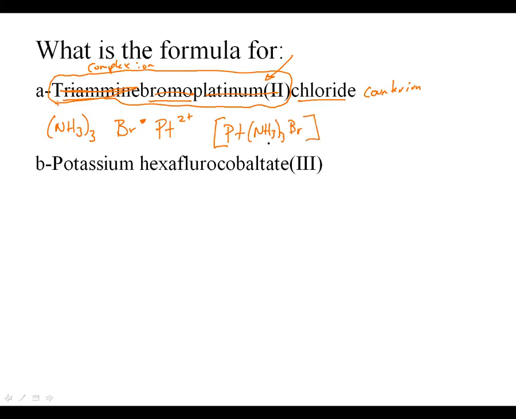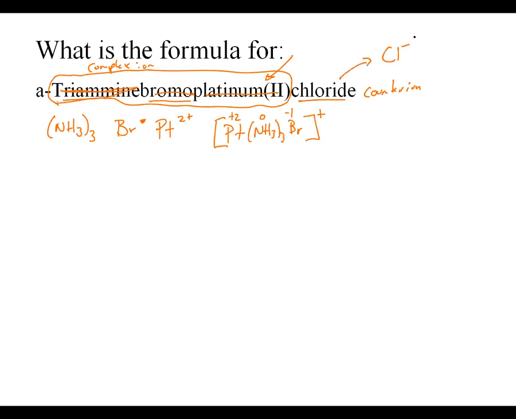Now, putting it together and thinking about all the charges, we can figure out the overall charge of the complex ion. This is going to be +2, that's going to be 0, that's going to be a -1. That's a lot of math, but I'm going to go with +1 for the overall charge of our complex ion. Now our counter ion, which is chloride, is Cl-. It's important to figure out the charge on your complex ion because that tells you how many counter ions you need.